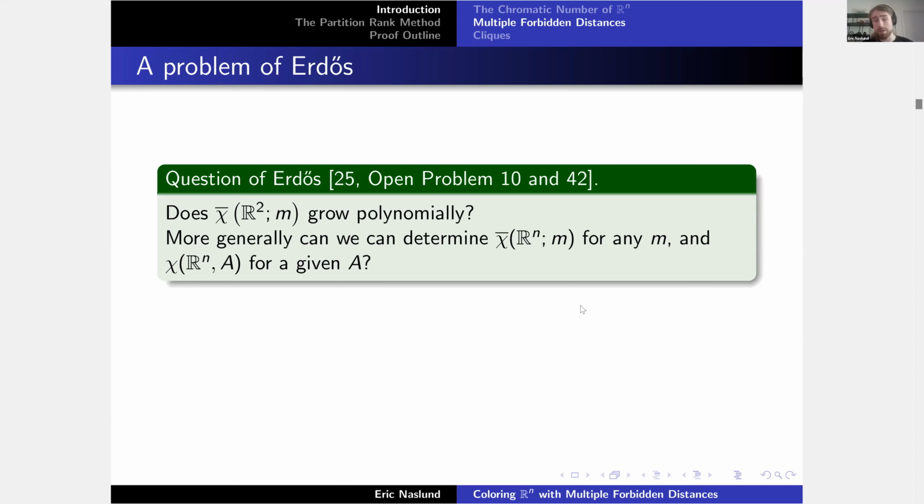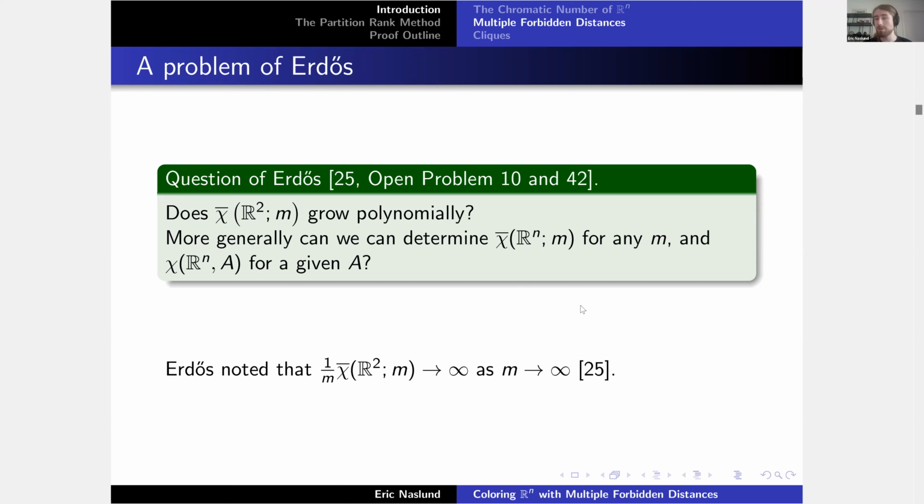He asked more generally, can we determine this for Rn, for any m or any distance set? I'll just briefly say that very little is known about the plane. Erdős noted that it goes to infinity as m goes to infinity.